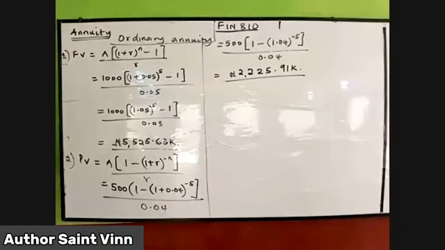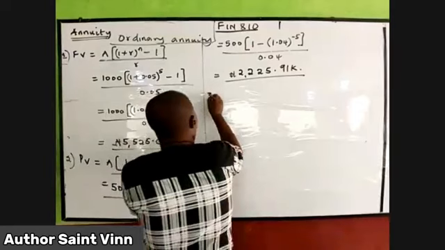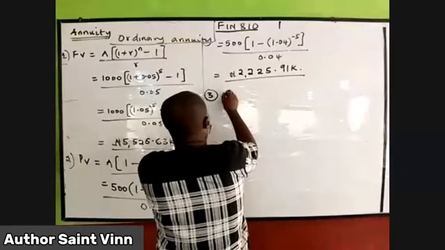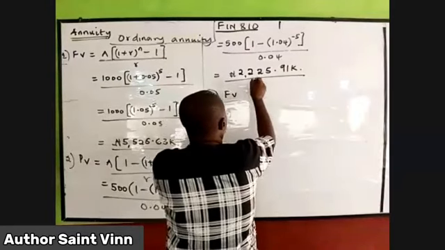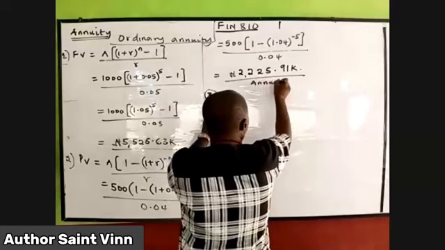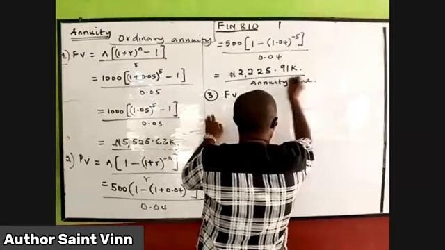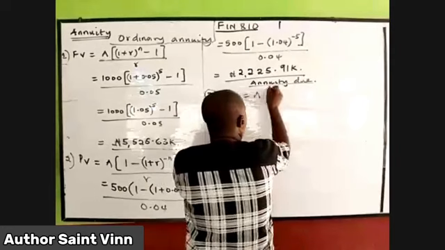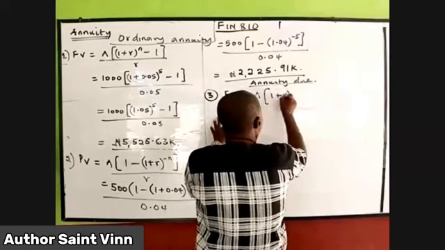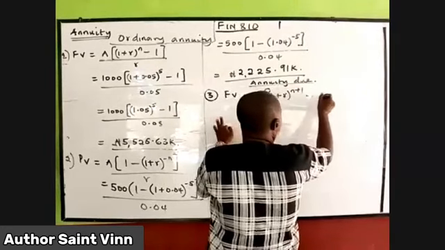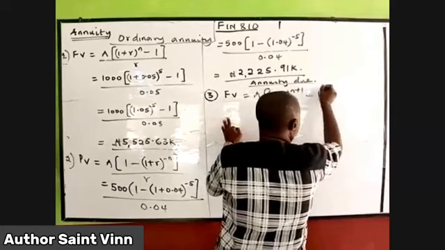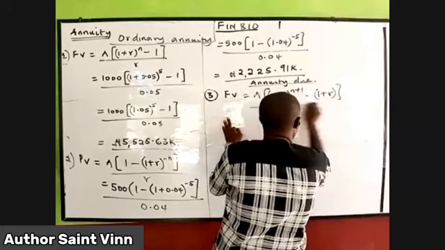Solve it with our formula. What's our formula now? Our number 3 now. Future value of what? Annuity due. What's our formula? A into 1 plus R, n plus 1, abi. 1 plus R accepted. Is that the formula?